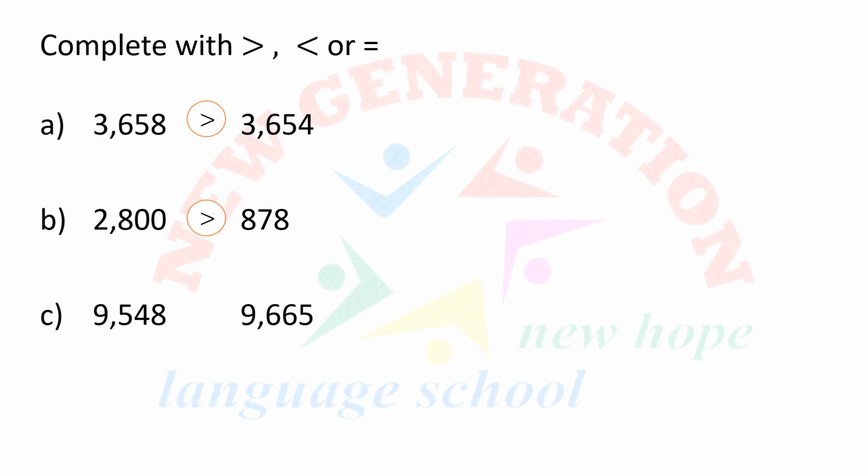Okay, they have the same number of digits, so I start from the left. 9 equals 9, but 6 is greater than 5, so the number on the right is greater, which is 9665 is greater than 9548.